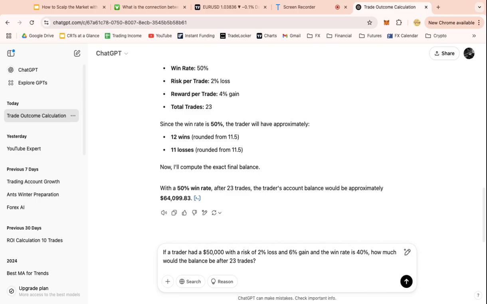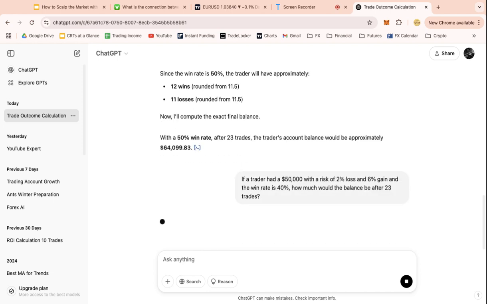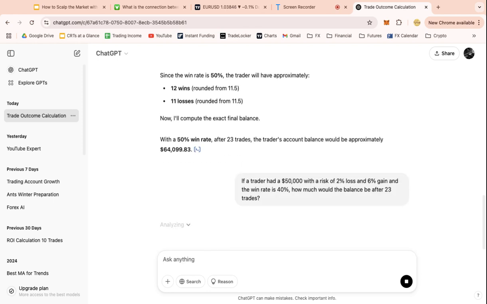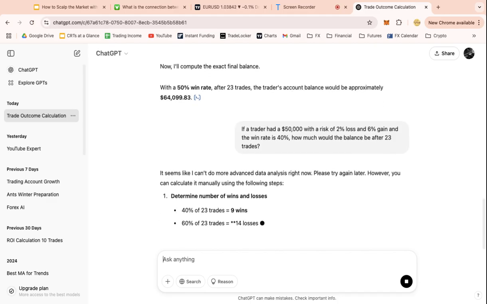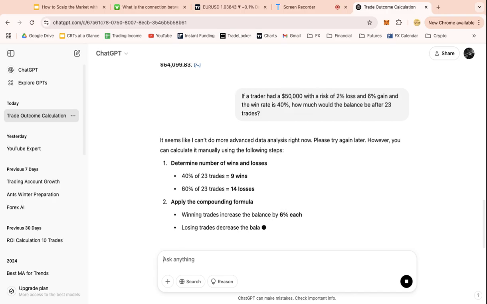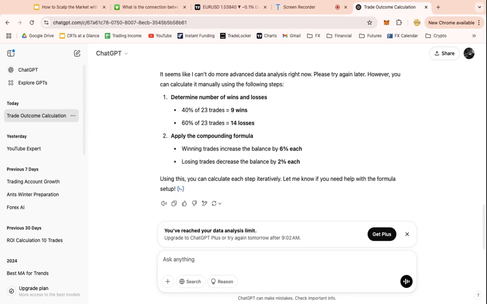Okay, so that's a $50,000 account. You risk 2% to try to get 6%. That's 1 to 3 risk to reward, and you only win 40% of your trades. How much would you have after 23 trades? Let's check. I know you're not trying to get me to calculate it manually, because that's not it.